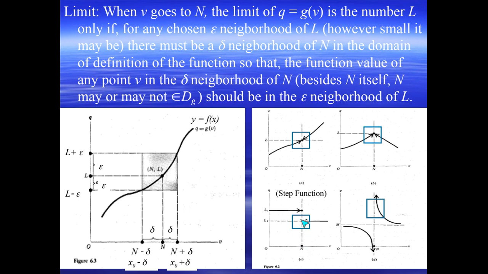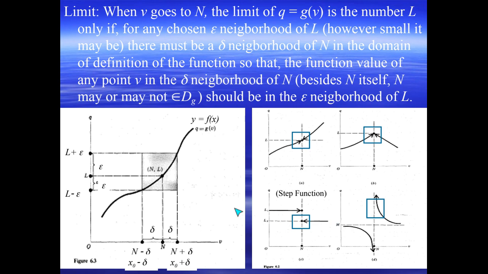But if I zoom in on this point N, L2, after some distance, whenever epsilon is less than the difference between L1 and L2, I can find the delta. All right, here there is a delta. I can diminish the frame, but the rightmost part of this function will remain in this quadratic frame, but the leftmost part of the function will not remain.